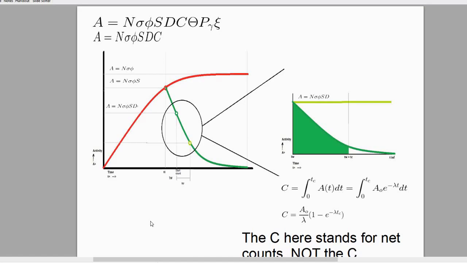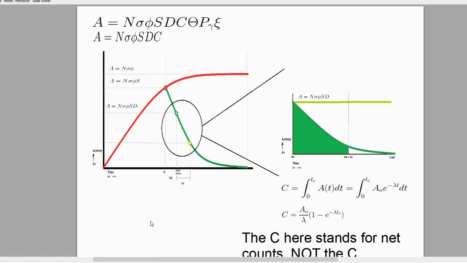Counts is counts, and activity is counts per second. So if we divide counts by the amount of time that we counted, we get counts per second. And if it's constant, great, that's all we have to do. But we have to check to make sure that our activity is actually constant throughout the entire counting time.